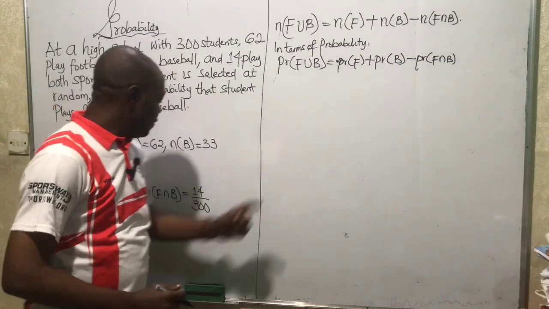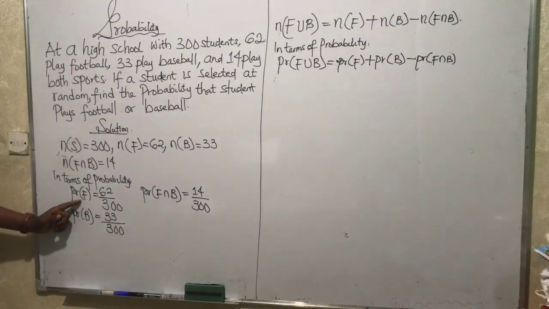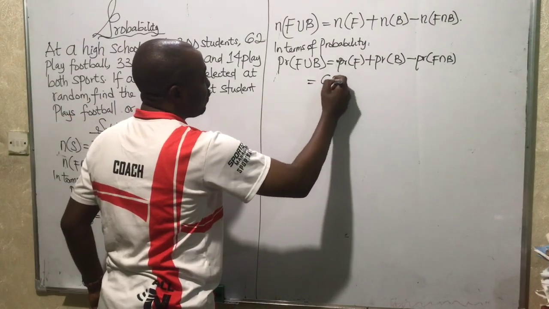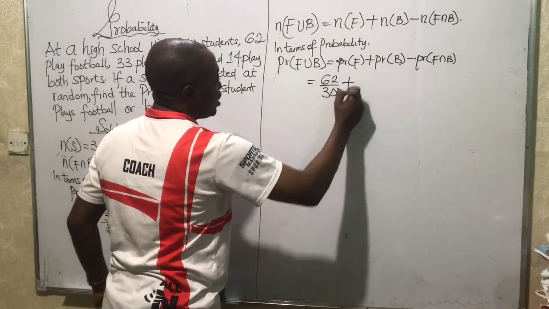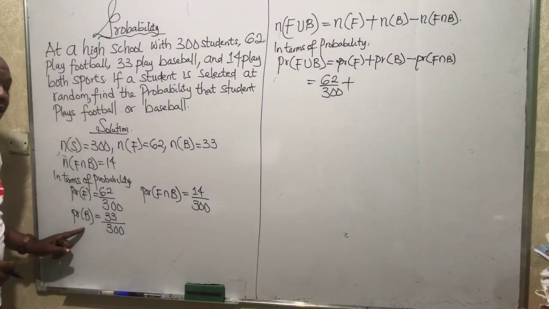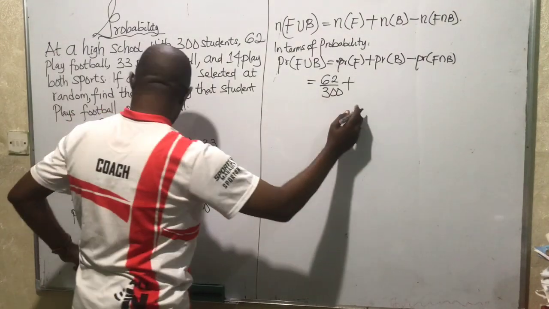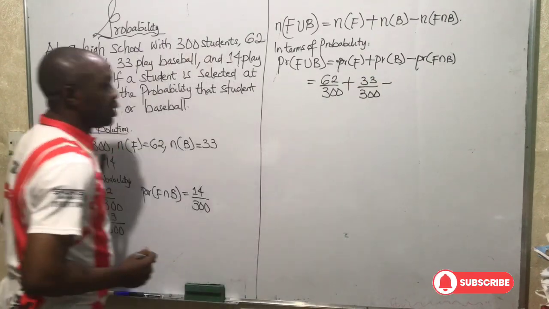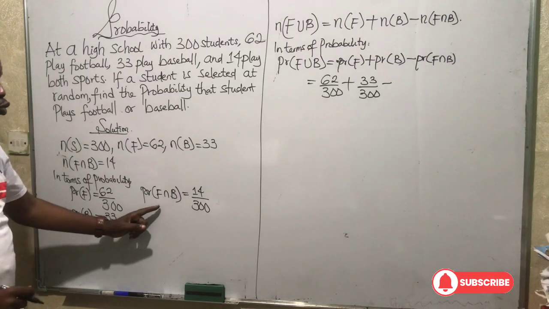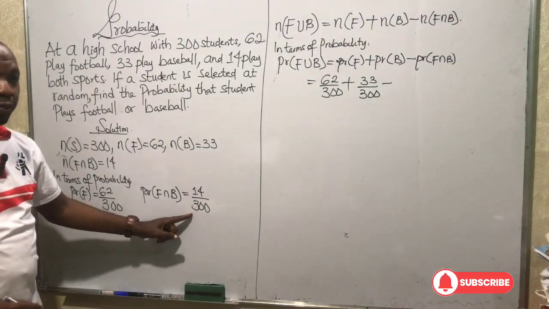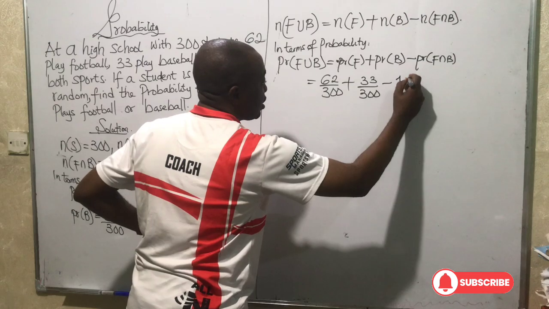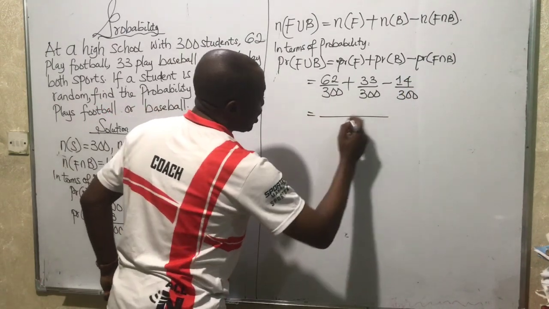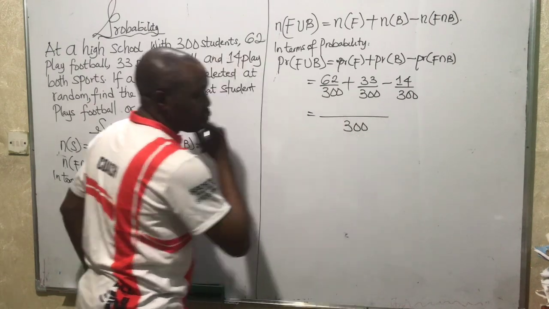Let's plug in the values. That is 62 out of 300, plus 33 out of 300, minus 14 out of 300. Our common denominator is 300.